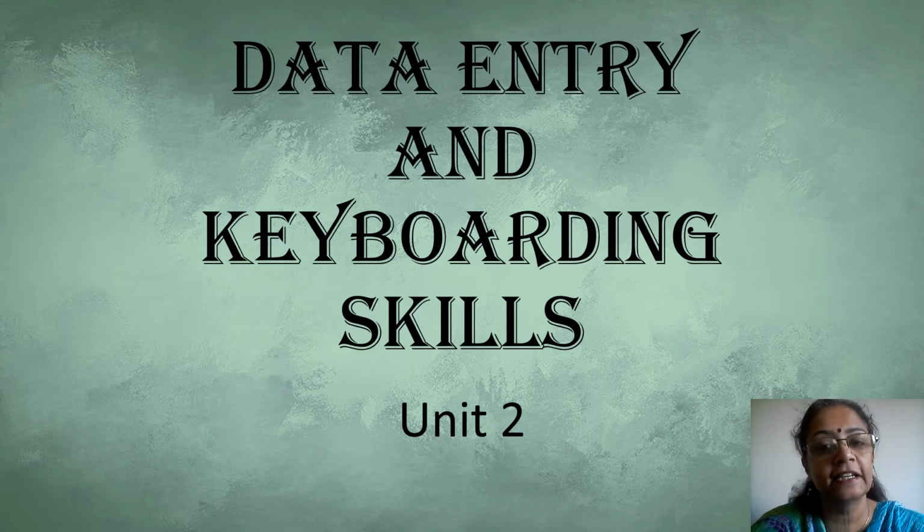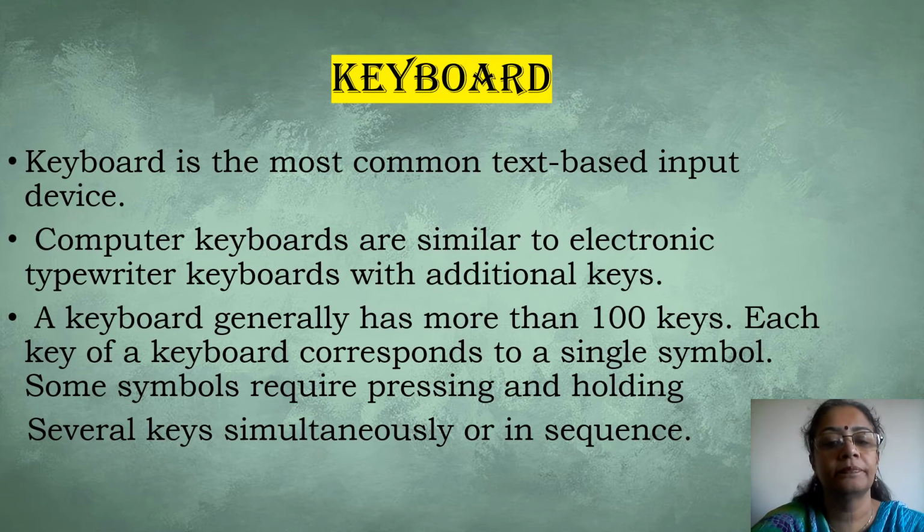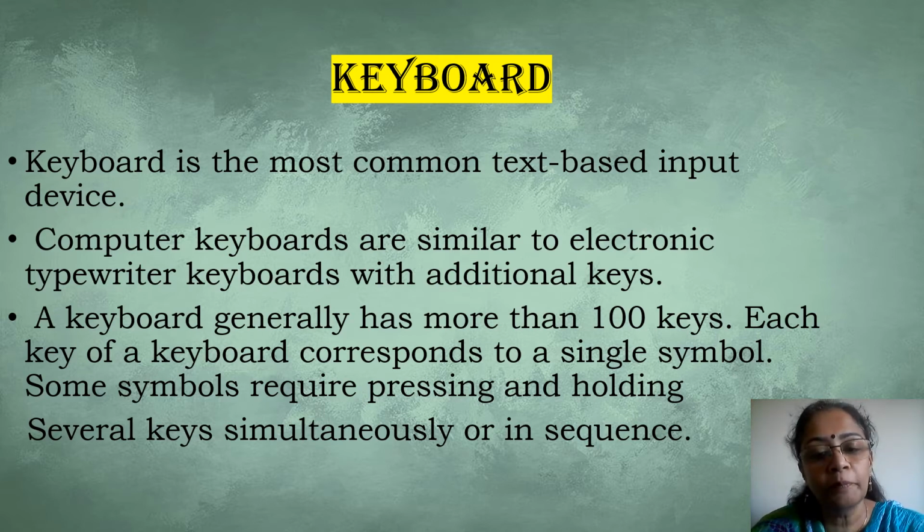But before that, let us understand what the different keys available on a keyboard are and how we can improve the keyboarding skills. Now, the keyboard is the most common input device for doing text entry. Computer keyboards are similar to electronic typing keyboards, but they have certain additional keys.